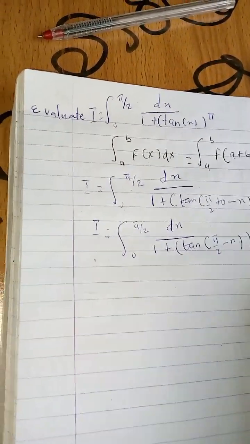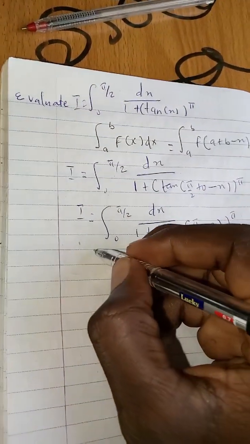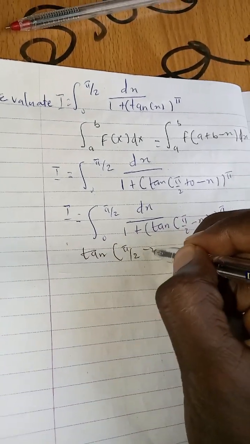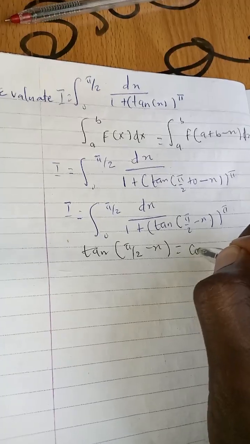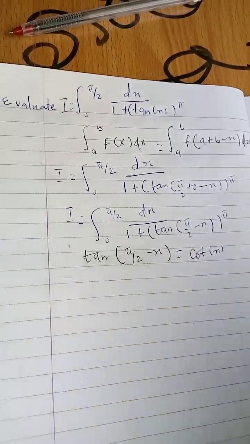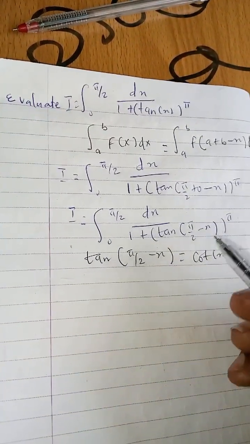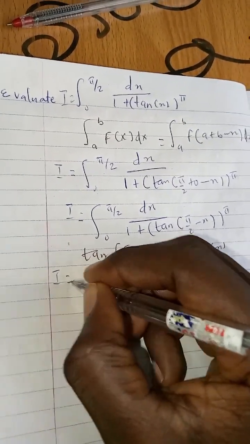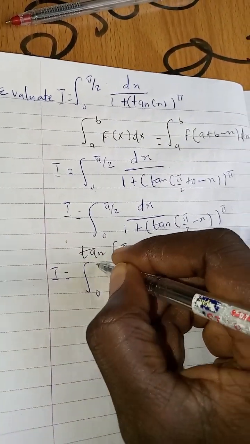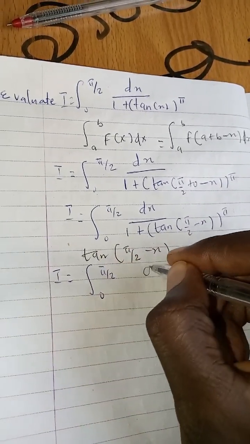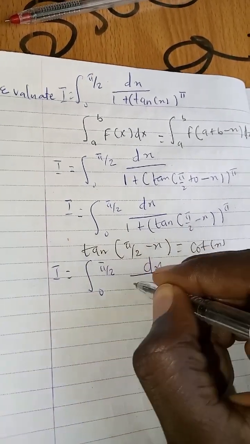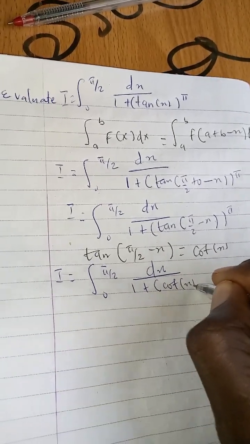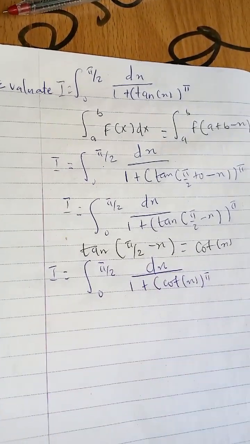And don't forget this trigonometric identity: tan of pi over 2 minus x gives you cot x. So we replace tan of pi over 2 minus x by cot x. So I is equal to the integral from 0 to pi over 2 of dx over 1 plus cot x raised to the power of pi.